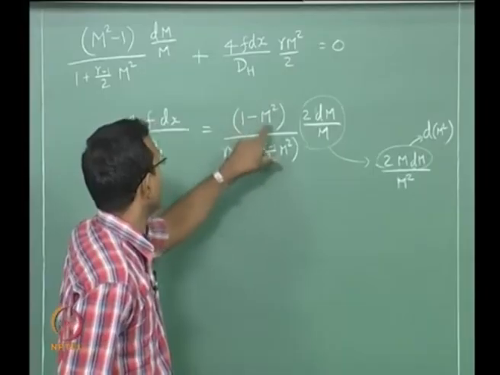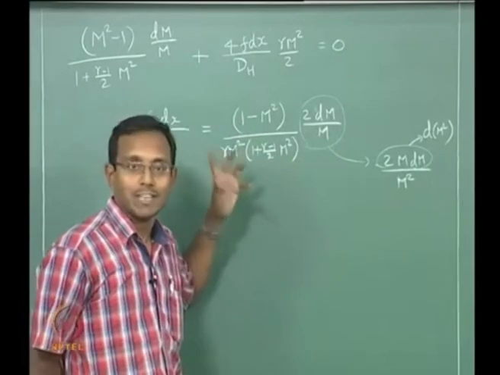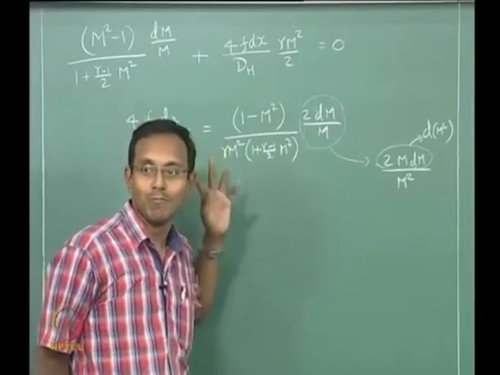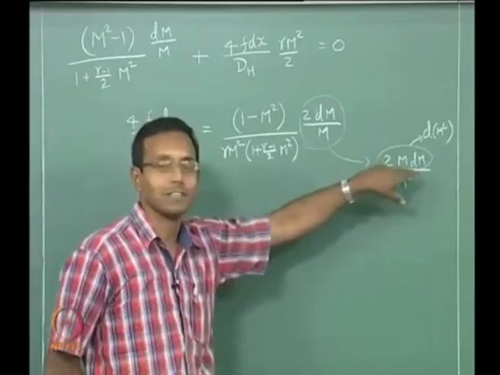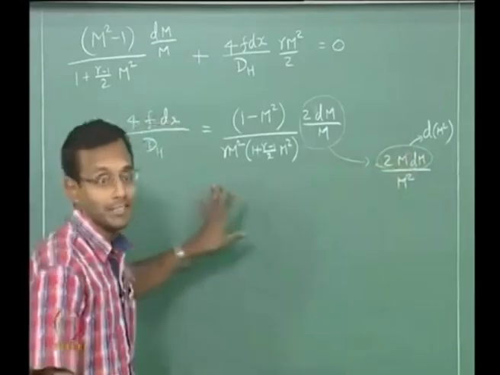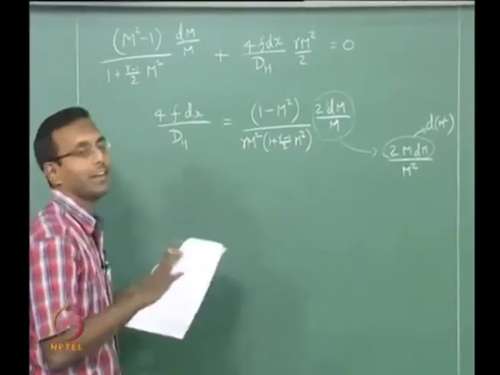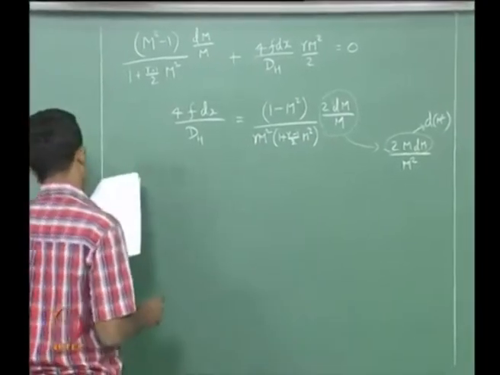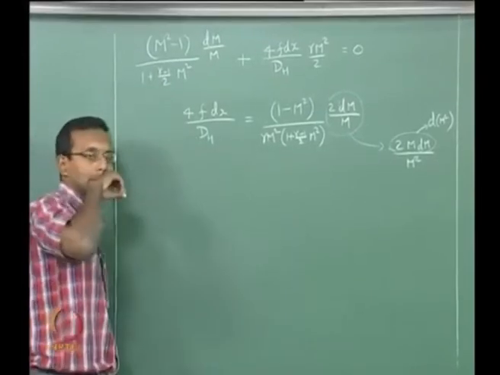Now if I look at it, every term that has Mach number is all M square. So I can might as well substitute this M square is equal to some y or something and start integrating that expression. That is why I have made this thing. I am not going to do the integration here, but we will just say that it can be integrated as of now. Okay.